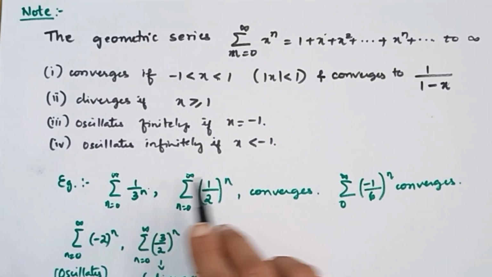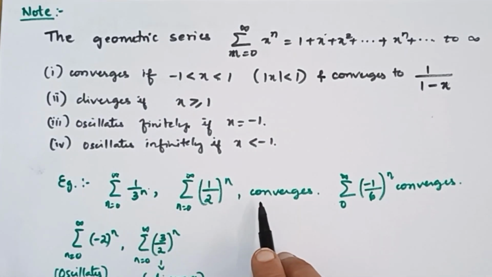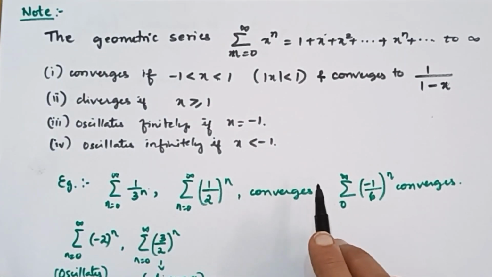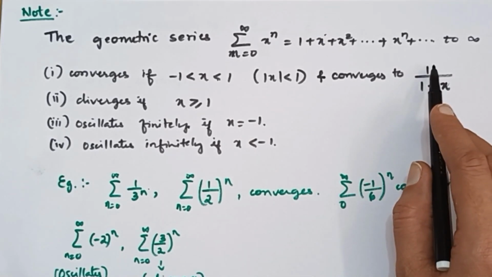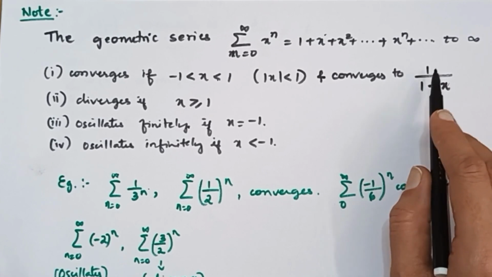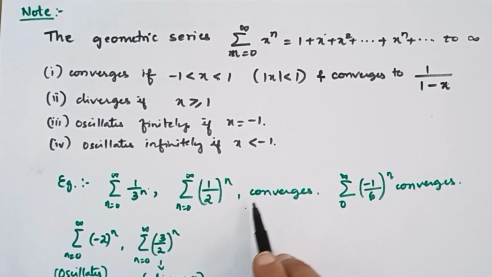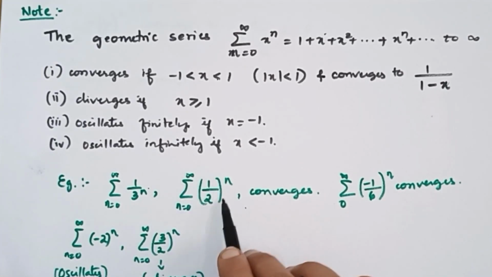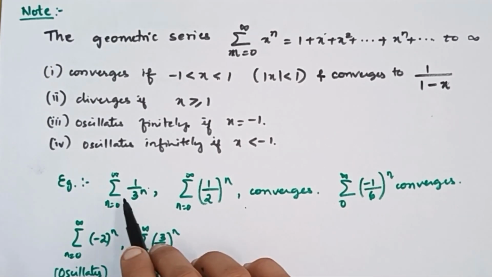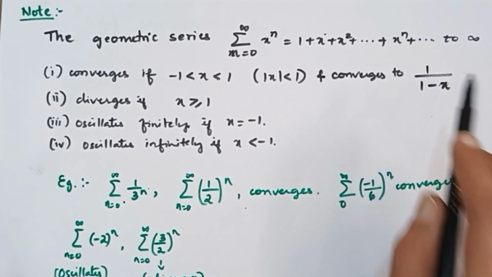Therefore, in both cases these two series converge, and if you want to get the point of convergence, you apply the formula 1 by 1 minus x. So this second series converges to 1 by 1 minus 1 by 2, which is nothing but 2. This series converges to 2, and this series converges to 3 by 2. You can apply it in this formula.